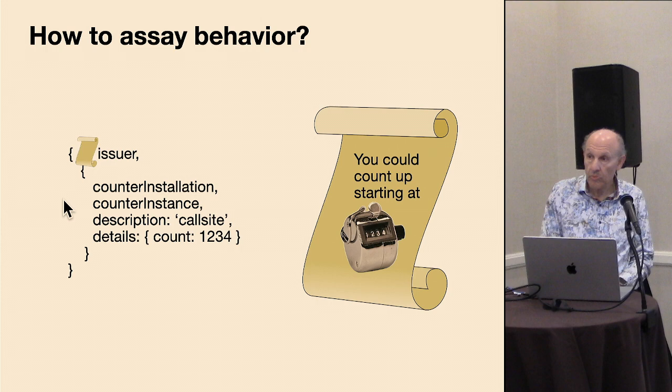So exactly the transitively linked body of code all the way through that's running. Then the counter instance, the particular instance of that code that represents this running smart contract, and the call site, which again identifies by convention uniquely one call site within that smart contract, so that somebody trying to verify what this invitation means knows where in that contract to start looking. And then the details, which comes from the mutable object's own self-description.